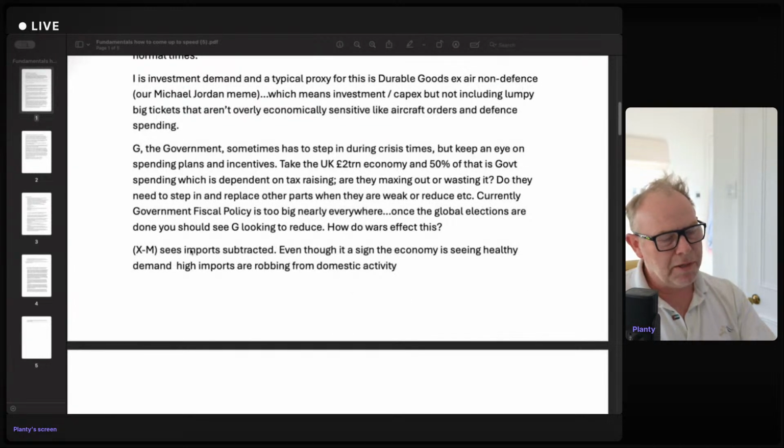So yeah, sometimes make sure you go and look at the GDP numbers when they come out, because we've talked about X minus M. Sometimes the GDP number can come in looking low, and it's mainly because the imports were big. China, it's important to look at it in terms of China, because their consumer sector is really on its knees. They had decent-ish numbers today, but it's off a low base.